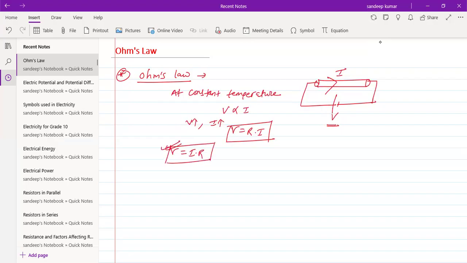Here R is called the resistance of the conductor, or wire. Is it clear?